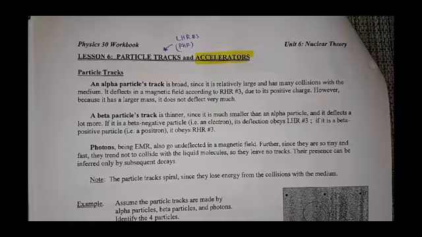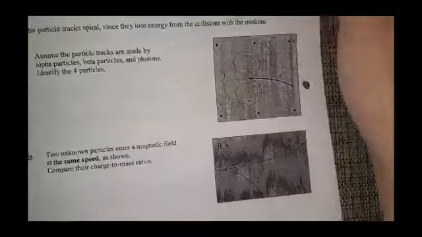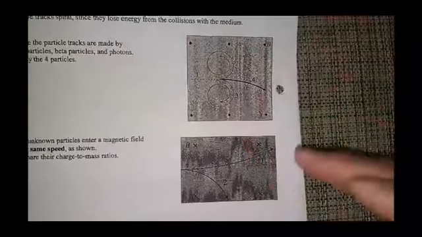First things first, talking about left hand rule, right hand rule, what are particle tracks? Well, think about it, folks. Imagine you have uranium or any type of radioactive matter, and you try to figure out what kind of emission is happening. The only thing you need is an external magnetic field, like what you see in this picture.